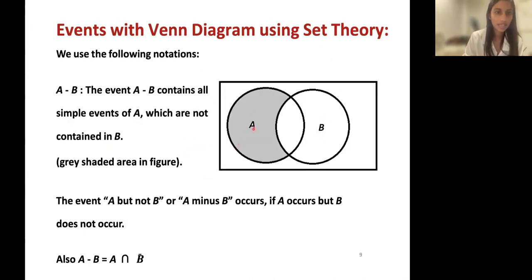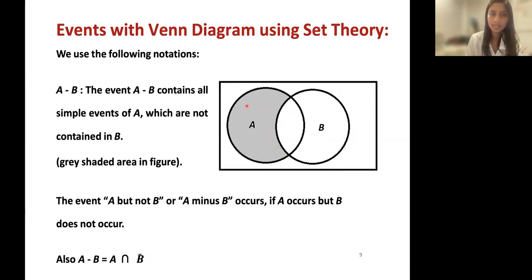And this is A minus B. It means the elements that are in A but not in B, as you can see in the shaded area. So it can also be represented as A intersection B complement. So what is B complement? B complement would be everything outside the circle, like this whole area shaded gray.